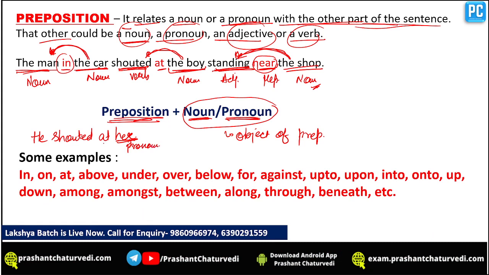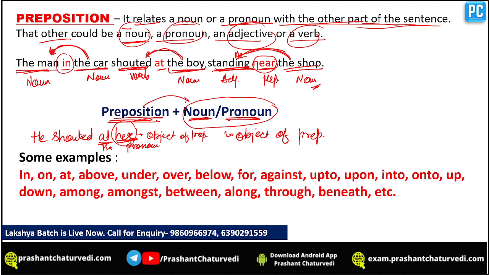And this pronoun is used after at. At is a preposition. So this word her, this pronoun, becomes an object of preposition. What? An object of preposition. So you have to remember that a noun or a pronoun used after a preposition becomes an object of that particular preposition.